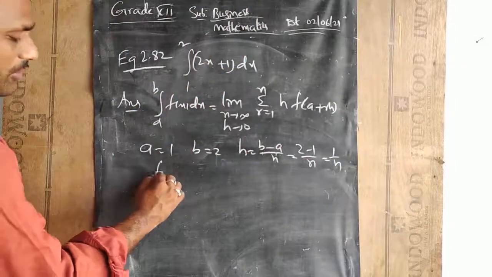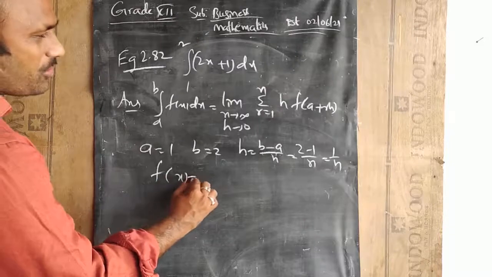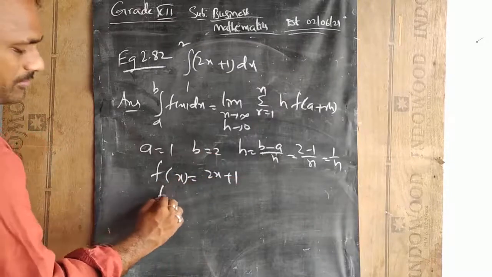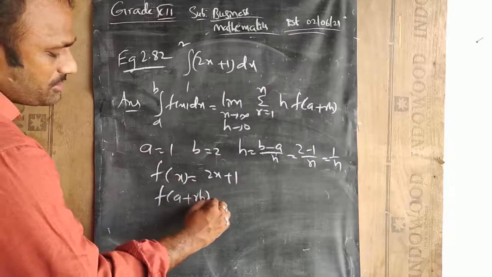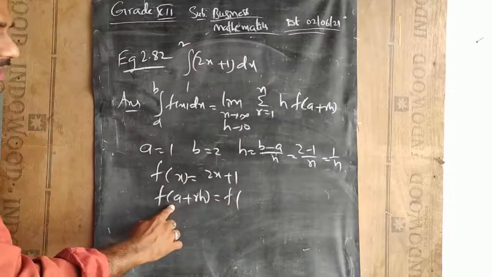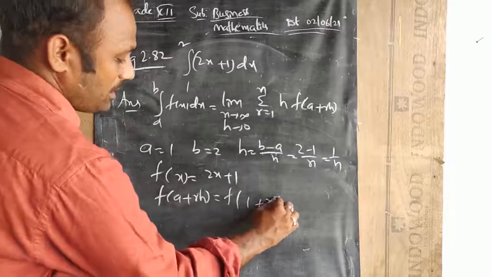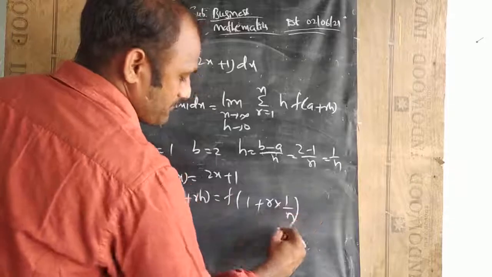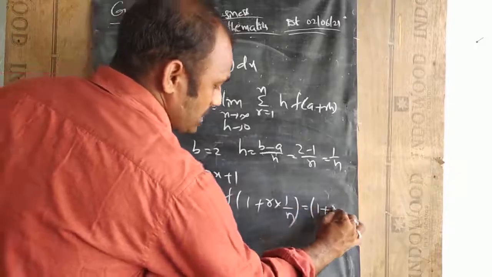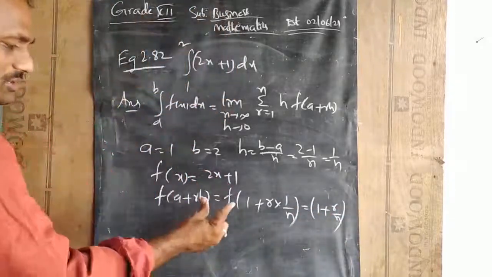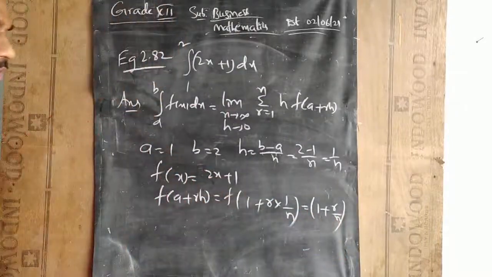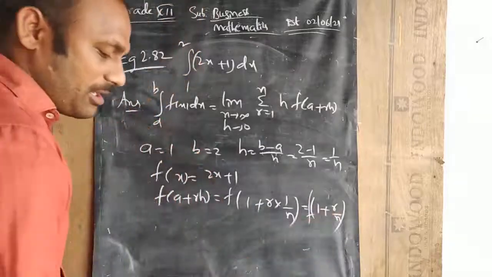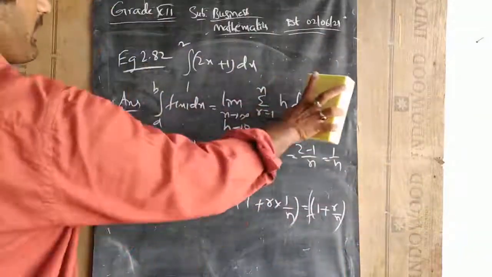Okay, so what is f of x here? 2x plus 1. But I want f of a plus rh. A plus rh means, what is the value here? 1 plus r into h, where h is 1 by n, so r by n. So 1 plus r by n. So instead of x, I need to substitute 1 plus r by n.